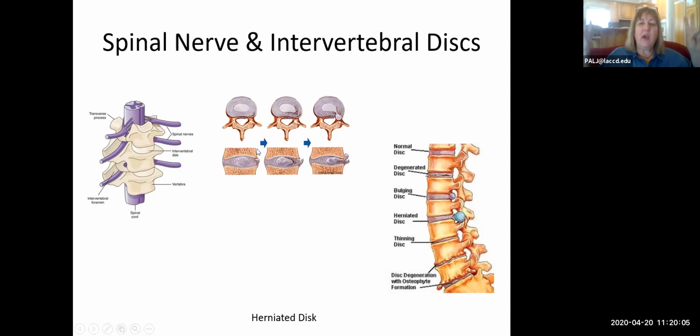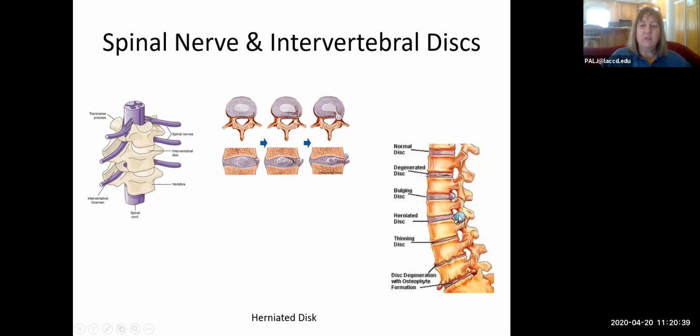Now, when you have a ruptured disc, these center pictures are showing what's happening, and that is the annulus fibrosus is tearing, and that is allowing the nucleus pulposus to kind of smush out in that area. So that girdle of fibrocartilage has been torn, and so the more gelatinous nucleus pulposus can go out, and you notice we have contents which are now lateral to the body of the vertebrae.